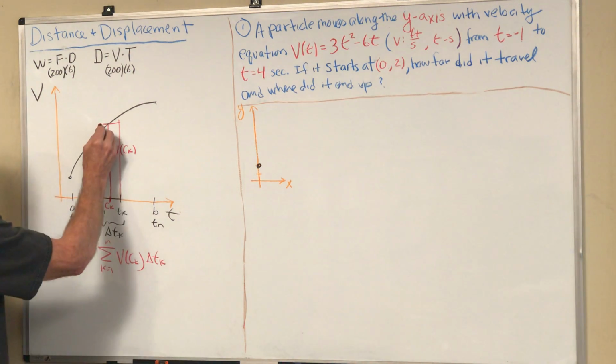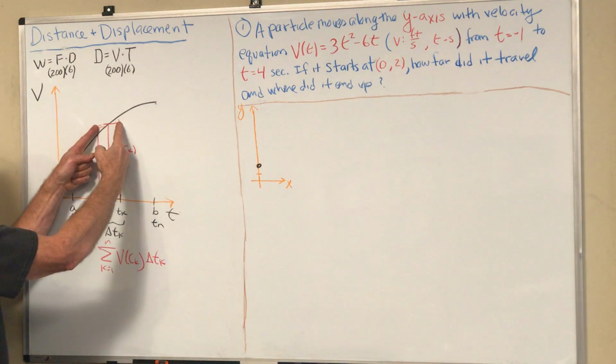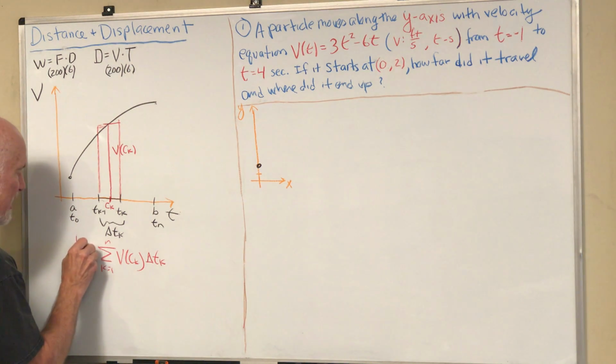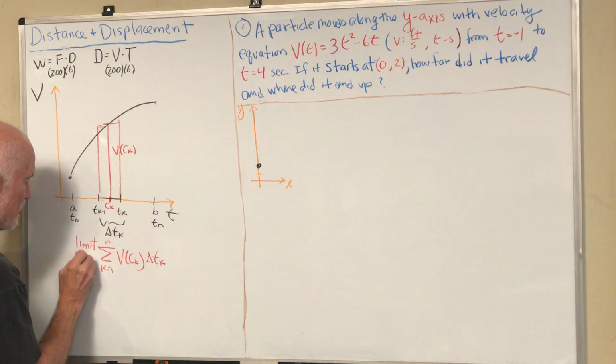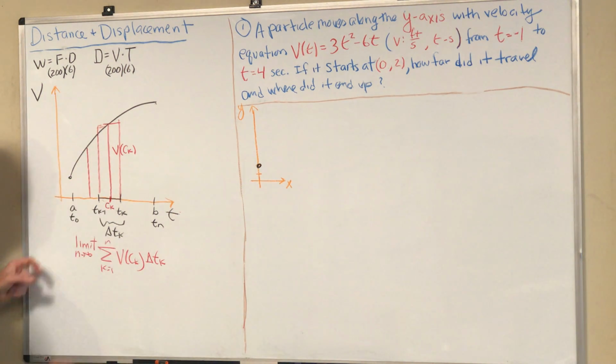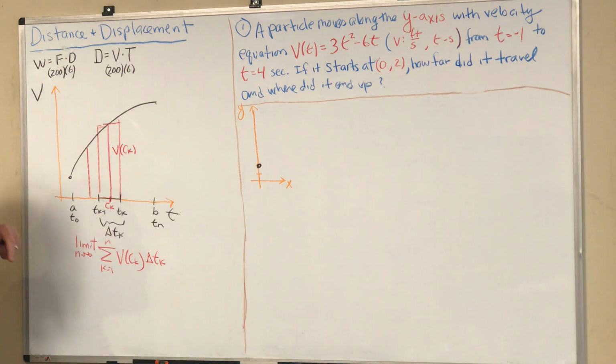But we still have that little bit of error because the velocities are constantly changing. We can't really hold it the same during this whole time period. So what we do to avoid that is to take the limit as n approaches infinity. And then these time intervals become so small that we're really adding up straight lines instead of rectangles, and we don't get that error.